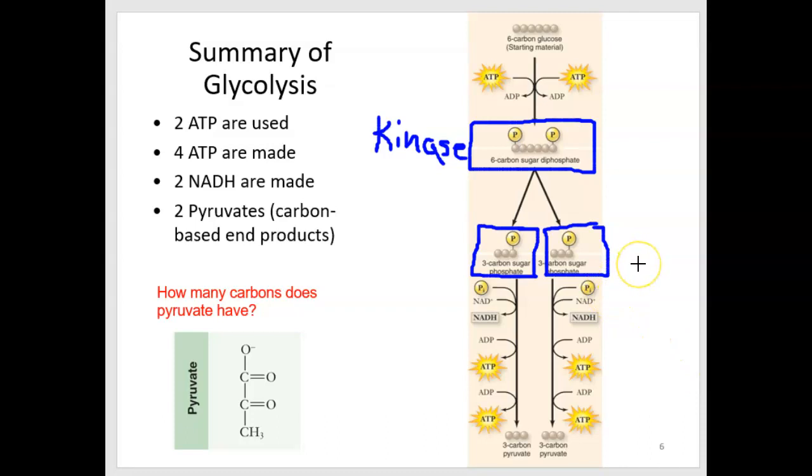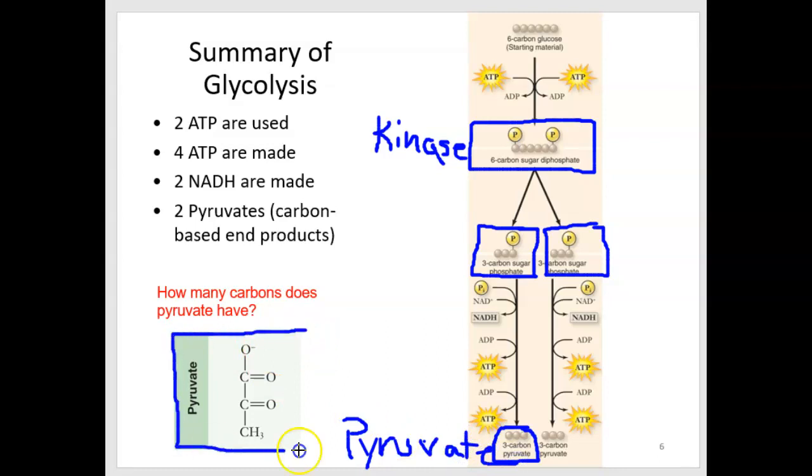Those 3 carbon molecules get transformed with multiple chemical reactions, and in the end we get what are called pyruvates. And the pyruvate is made up of 3 carbons, and I have a picture of its chemical structure in this green box over here. There's 1, 2, 3 carbons.